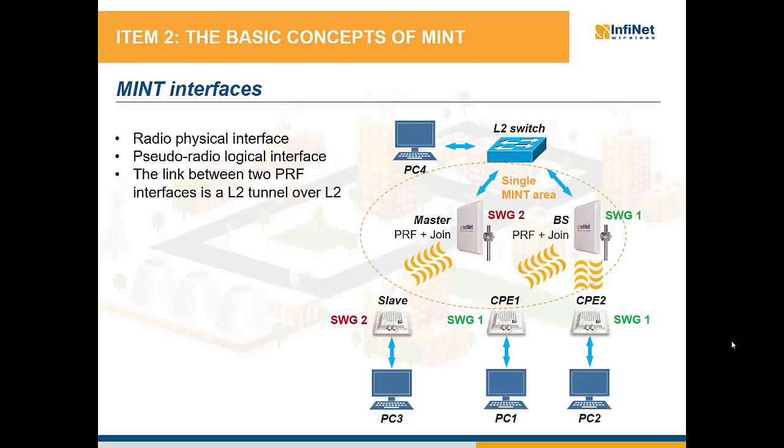Now we have only one MINT area, so the packets sent from PC1 towards PC3 are carried in switch group 1 entirely through our extended MINT area, and they can exit this MINT area at the slave unit in order to reach PC3 only if the slave unit has switch group 1 configured, as every Infinet unit learns which are the other units that have the same switch group configured in the same MINT area, thanks to the switch group discovery protocol of Infinet.